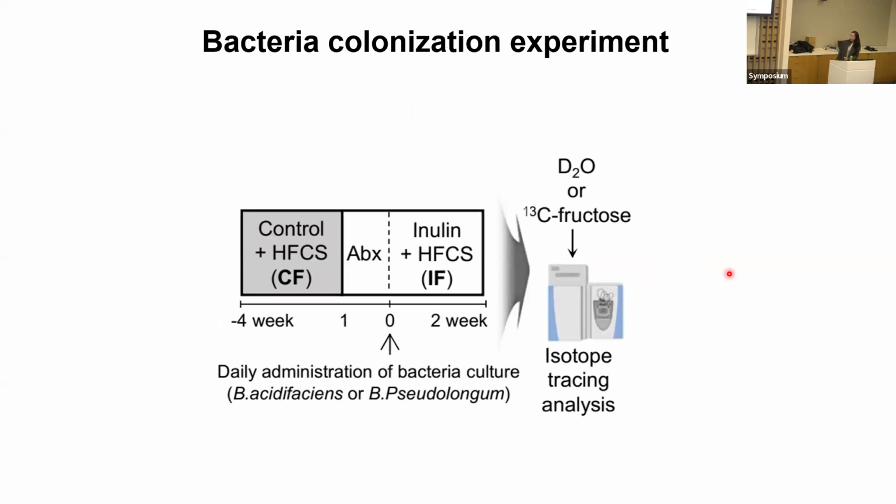So we wondered whether this bacteria can reproduce the inulin effect. We did a bacteria colonization experiment. We cultured single bacteria and then orally delivered those bacteria for 4 weeks, and we did tracing to see fructose metabolism.